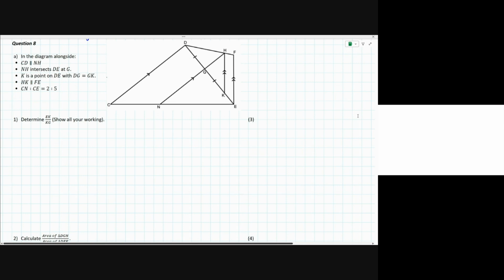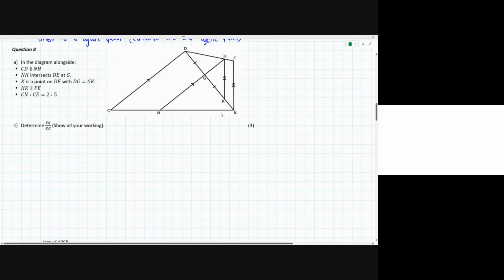Okay, so in the diagram alongside, CD is parallel to NH. NH, the second line that I just drew, intersects the line DE at G. We can see that there.